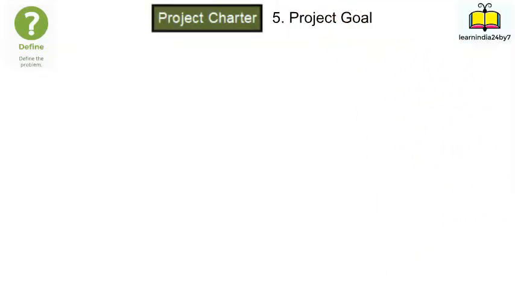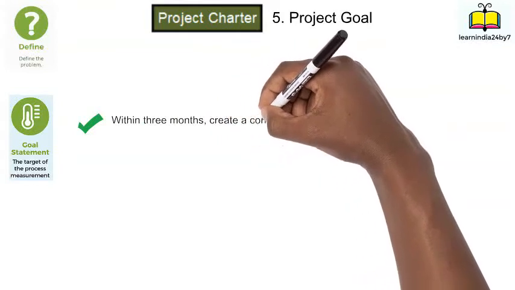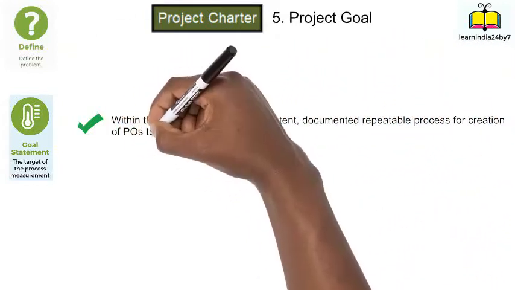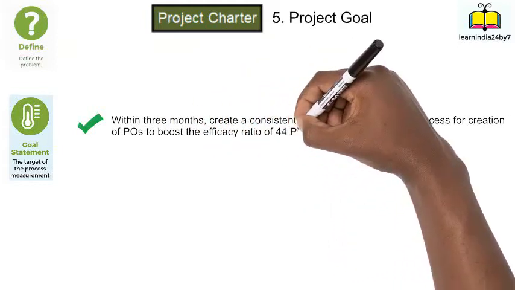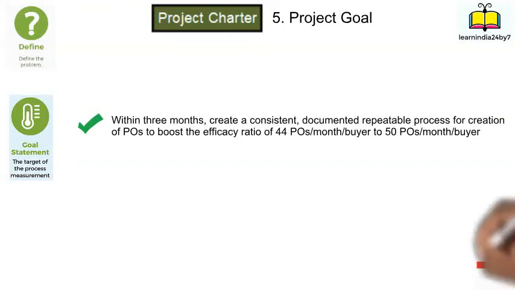So friends, in the next step, the team defined the project goal. The project goal was defined as: within 3 months, create a consistent, documented and repeatable process for creation of purchase orders.